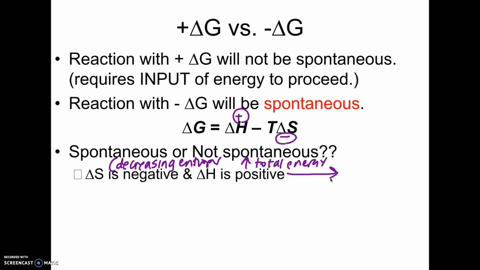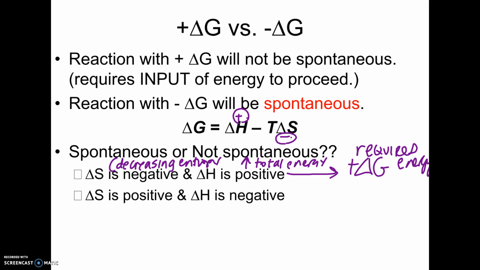It makes no difference what numbers I plug in. Delta G will always be positive, which means it requires energy and is not going to be spontaneous. So technically, anytime your cell is building stuff, it's not going to be spontaneous. It's going to require energy.